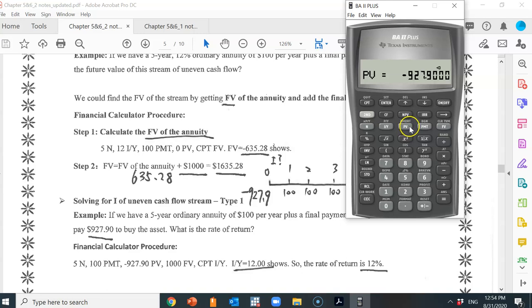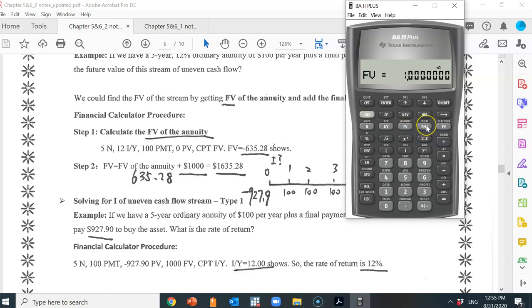So in the future, we can have 100s coming in at the end of each year, and we have a final lump sum, 1,000 future value, to come in as well. You pay this much today, around 900.